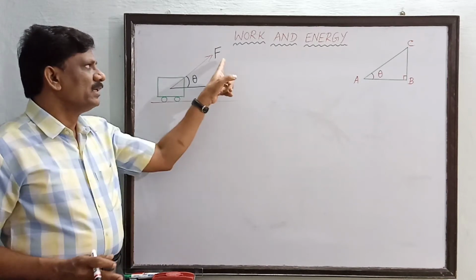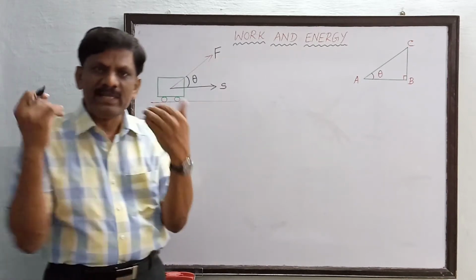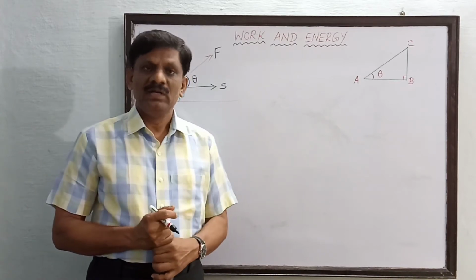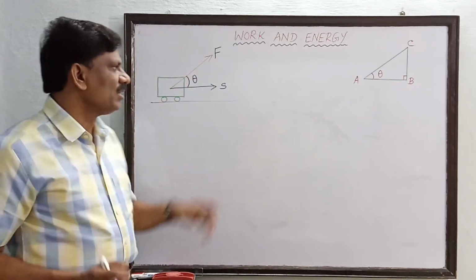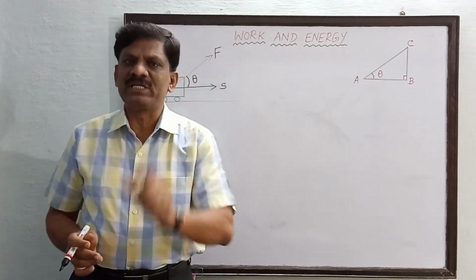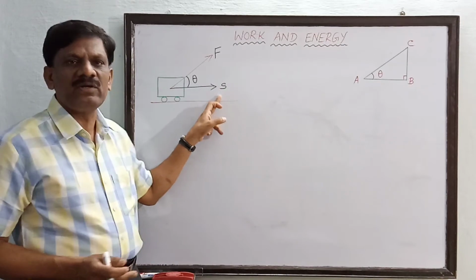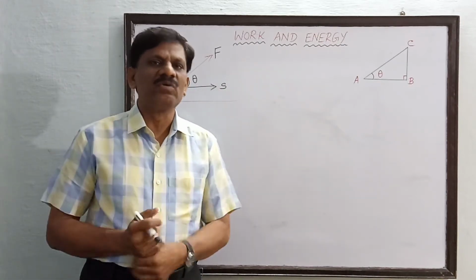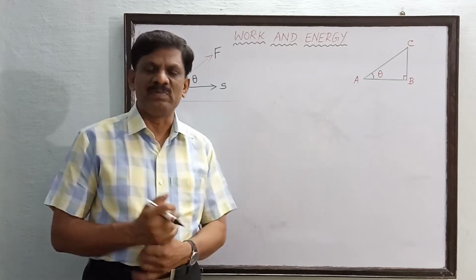Now the force which is actually applied on the object is F newton. But how much of this force is going to act along the direction of the displacement is the question. The entire force is not going to act along the direction of displacement.